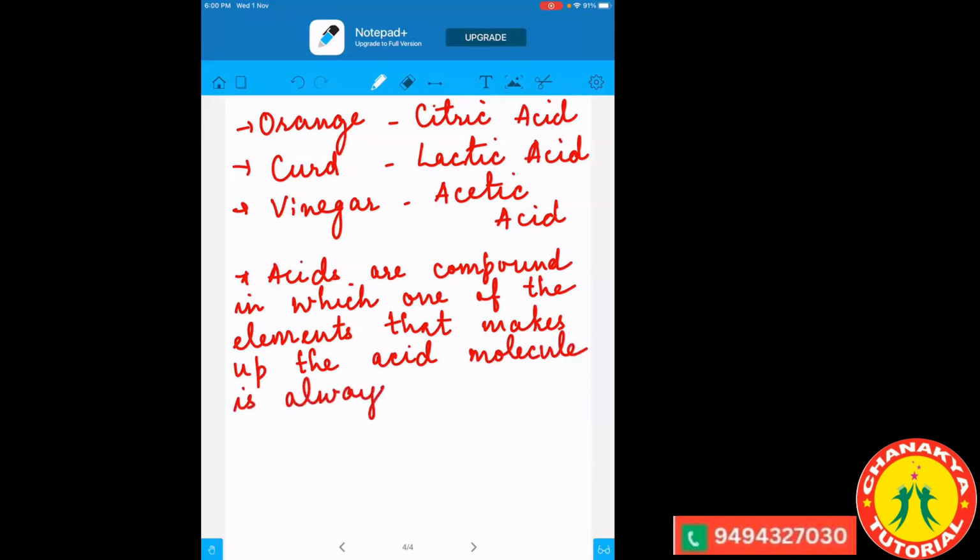This is a very important point. In any acid, one element will compulsorily be hydrogen. Like Prithvik said, sulfuric acid. Prithvik, do you know the formula of sulfuric acid?